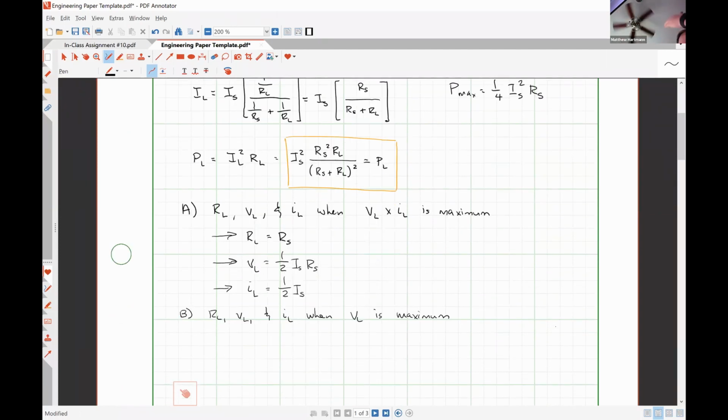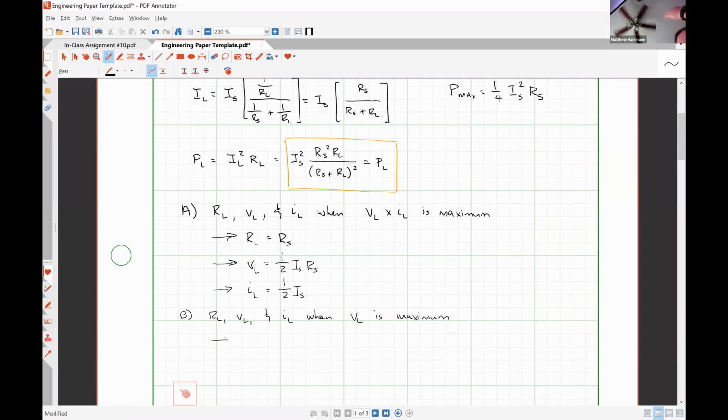So RL would be an open circuit, which we would represent as infinity. In WeBWorK, you can just type in the letters INF, and it will interpret that as infinity. What would be the value of VL under the condition that RL is an open circuit?